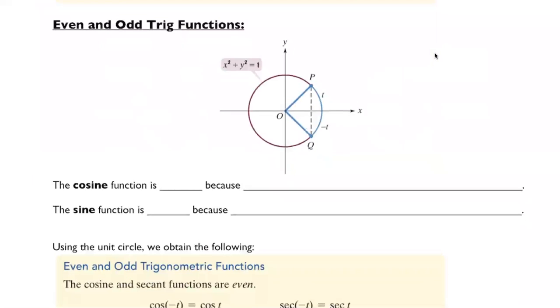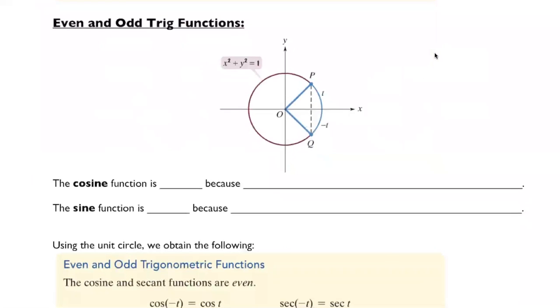Now, we have talked about even and odd functions, and it works exactly the same way for sine and cosine. So the cosine function is even. And that's because of the definition of an even function. And this is going to be because the cosine of -t is the same as the cosine of positive t.